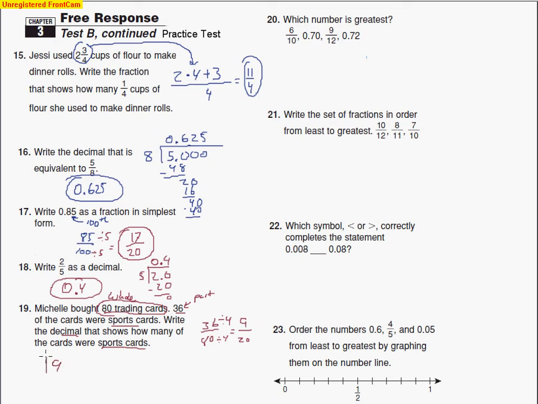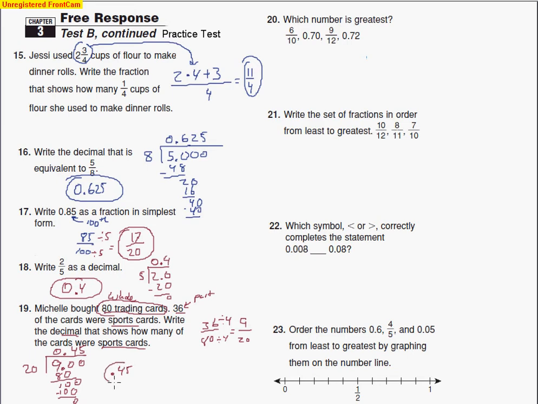We put that top dog in the doghouse, add that decimal point and a 0, and 20 goes into 90. 20 goes into 90 4 times, and that makes 80. We end up with 10 left over. Add that 0. 20 goes into 100 5 times evenly. That makes 100, so we're done. And there it is, 45 hundredths.